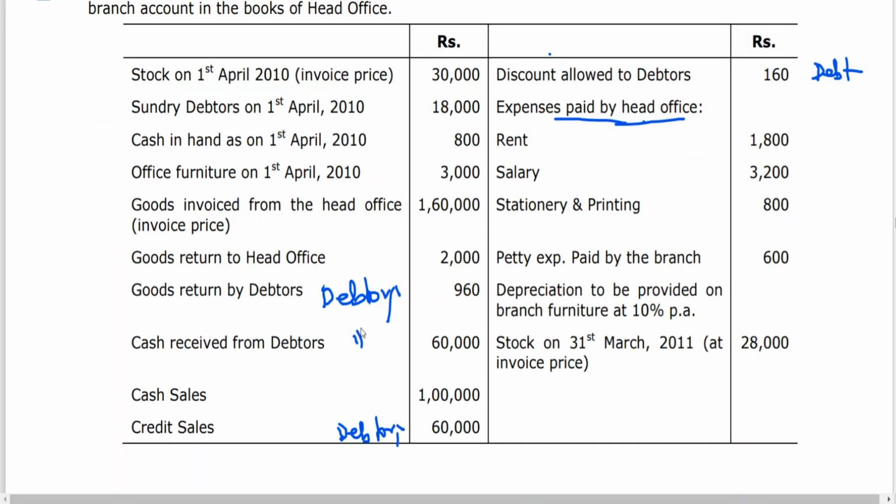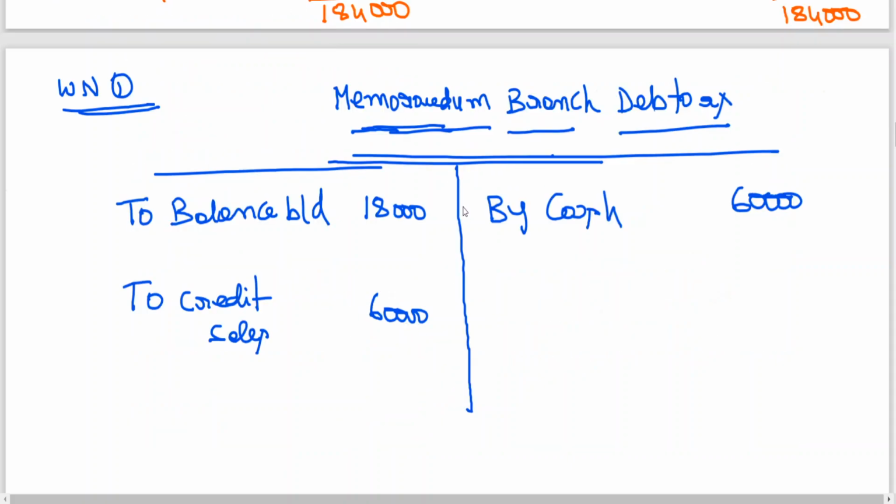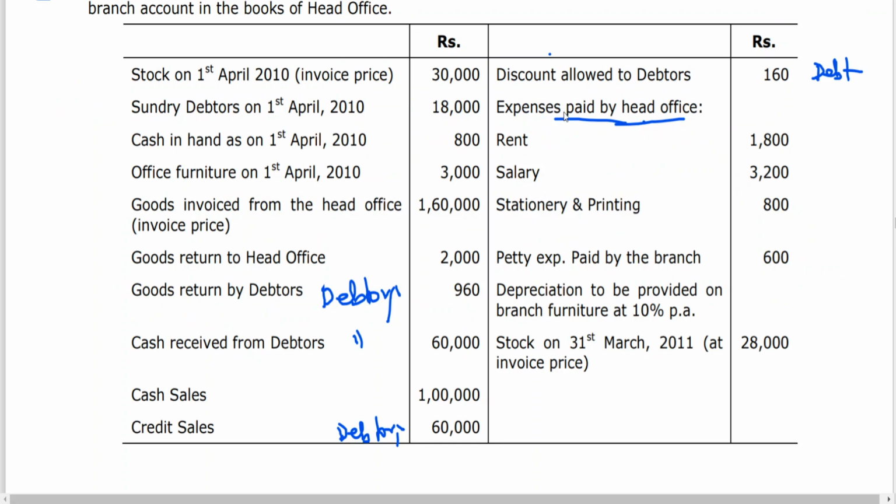Then goods returned by debtors is nothing but sales returns, no? By sales returns 960. Next, discount allowed to debtors 160.